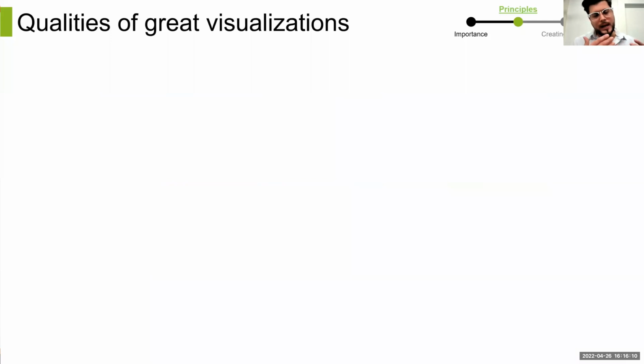Now we are going to move to the second stage of this workshop, which is basically the principles behind great, impactful, engaging visual pieces, right? I intend to summarize what the recent literature is saying in terms of the qualities that all great, engaging visualizations should possess.